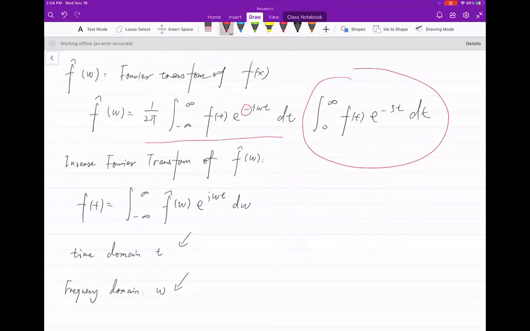We were trying to compare how similar our original signal is to a certain sine cosine wave, which is captured by e to the i omega t. Good so far? Then for the Laplace transform, what are you trying to do? You are trying to compare how similar your function is to an exponential. Not to sine cosine anymore, to exponential.